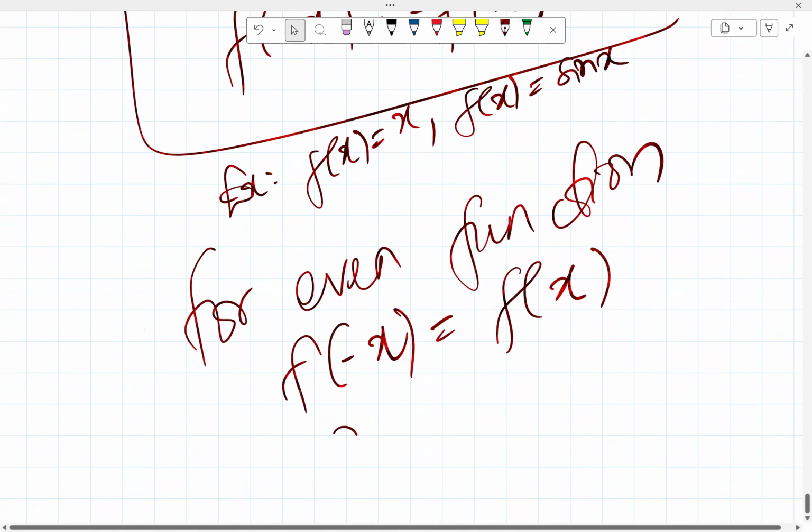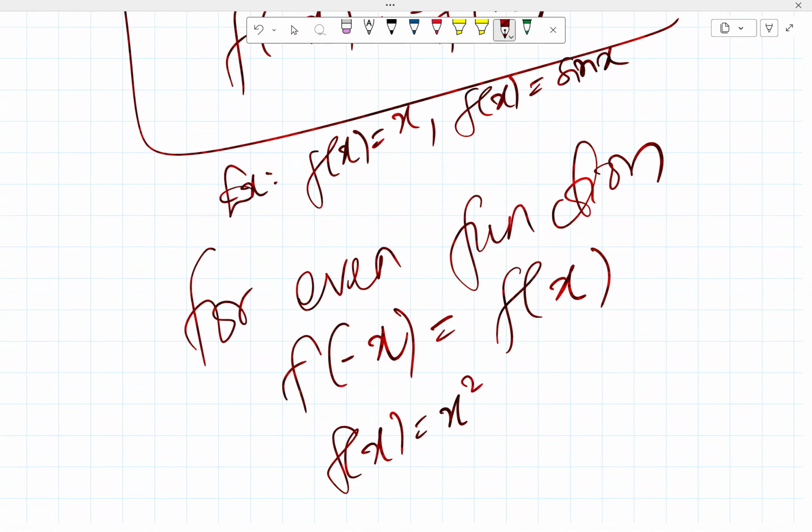But here, f of x equals x squared is an even function, because f of minus 2 is the same thing as f of 2. So here f of minus x is equal to f of x. So here f of minus 2: if you put 2 you get 4.